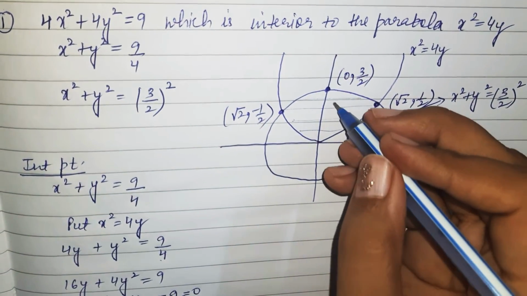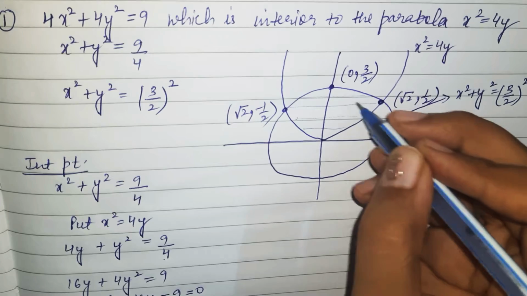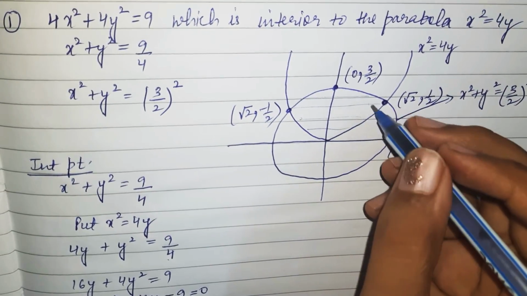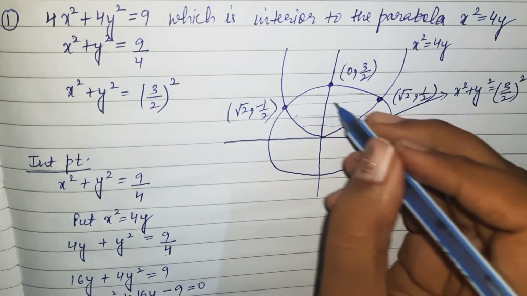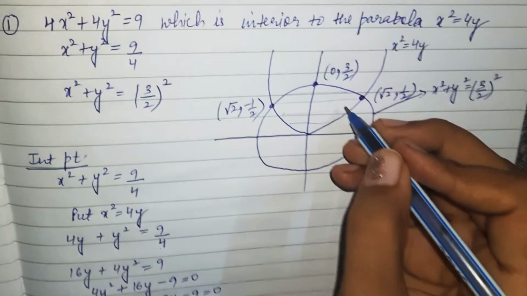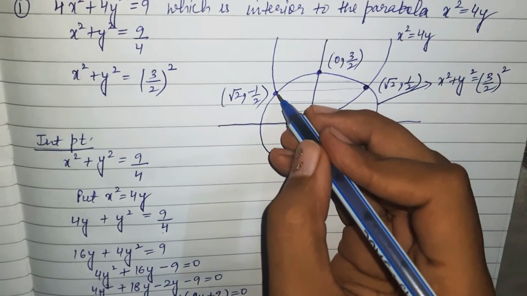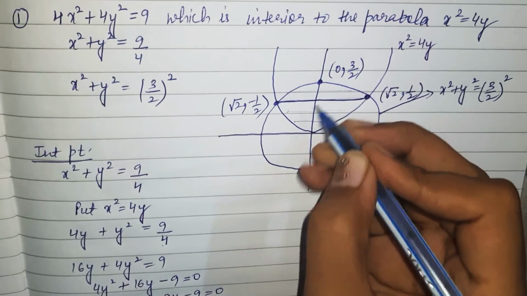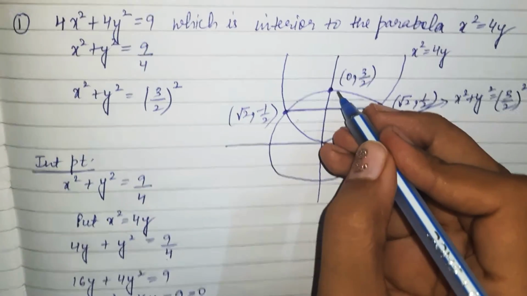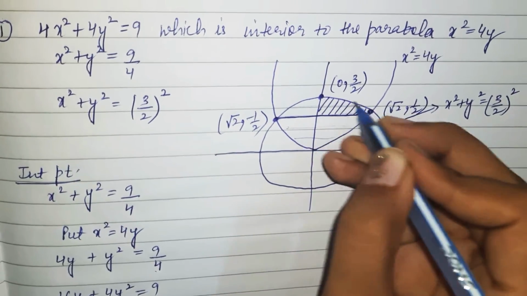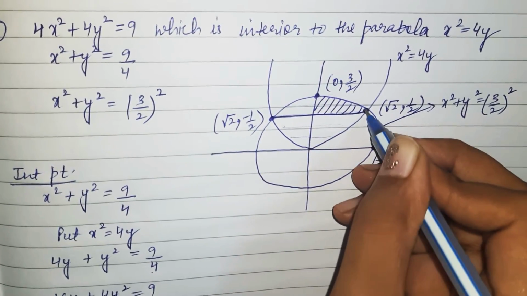So if I want to calculate this area, I can calculate it and make it twice. So okay, this area, this curve is bounded by the y-axis, so I need to take the limit of y. For taking the limit of y, firstly I will make this line. While making this line, I can conclude that for this area, which is bounded by the y-axis, the curve is the circle.